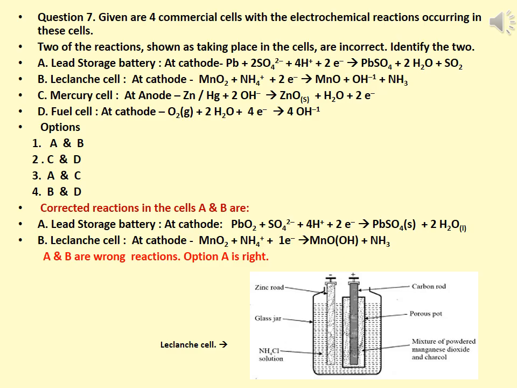It's the reverse of the reaction which is shown as A. And B, in the dry cell or Leclanche cell at cathode, MnO2 plus 4H plus NH4 plus 1 electron gives MnOOH. It's a compound plus NH3. So A and B are wrong reactions. Option A is correct. Here I have shown a diagram of Leclanche cell which looks better than the one given in the textbook. You just see that diagram.